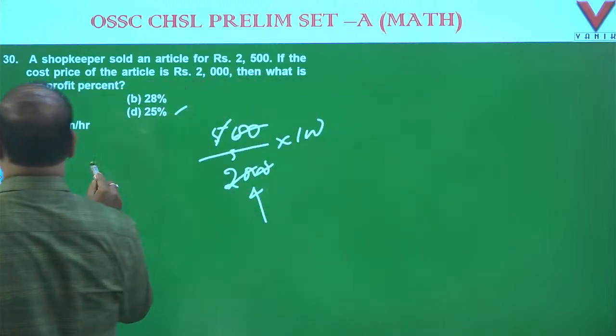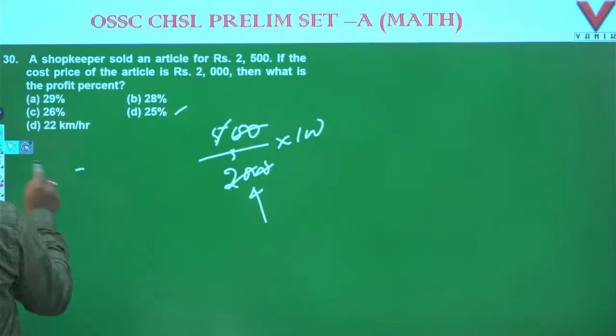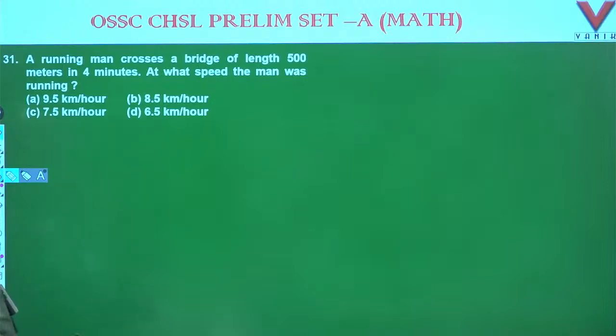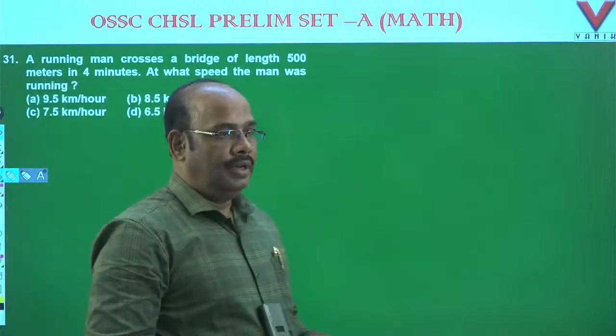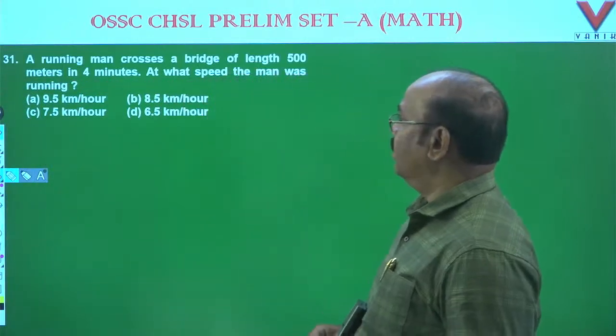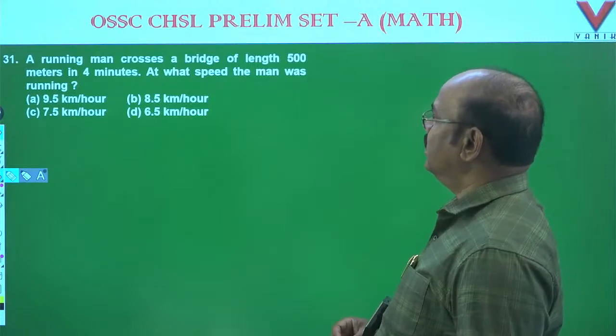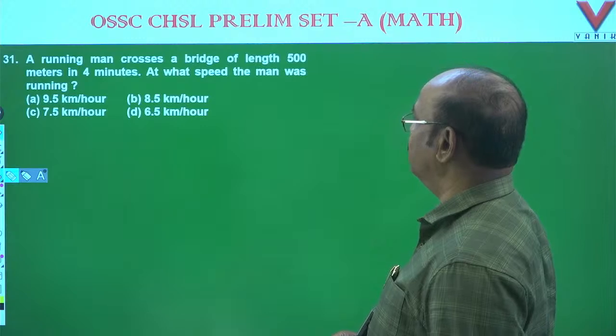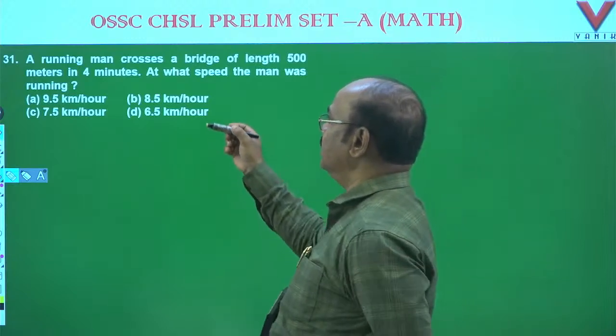Next question 31. A running man crosses a bridge of length 500 meters in 4 minutes. What's the speed of the man? Speed equals distance by time.